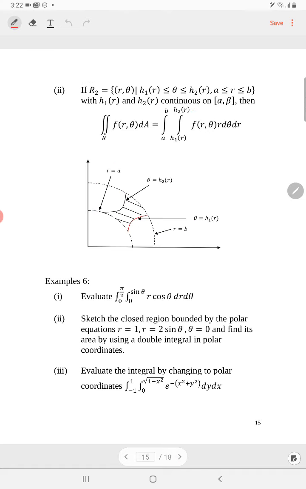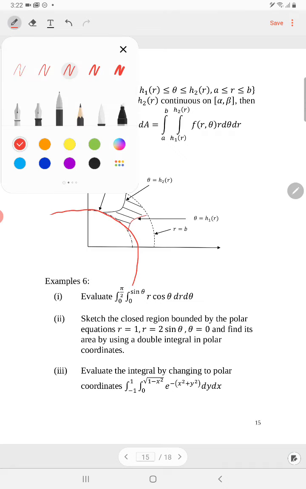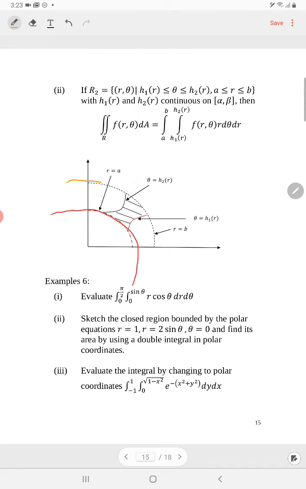And the next region is this. Here we have a region R2, where now r is from a constant to a constant. Here we have a circle of radius a, part of it, and another circular piece of a different radius. I'm sketching part of it.